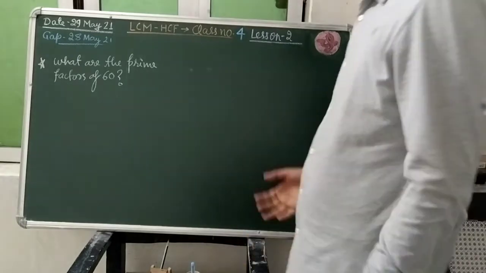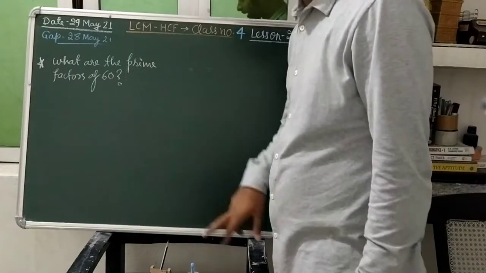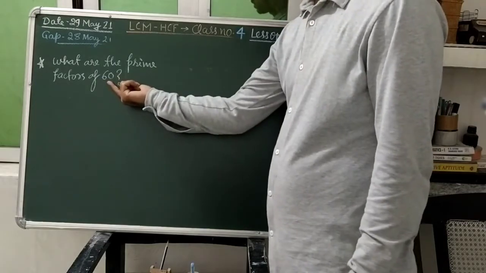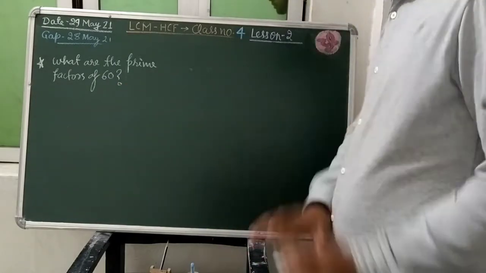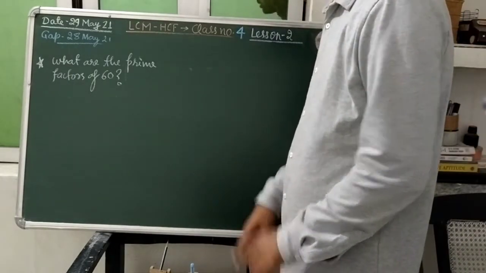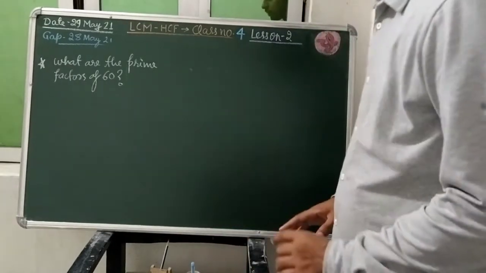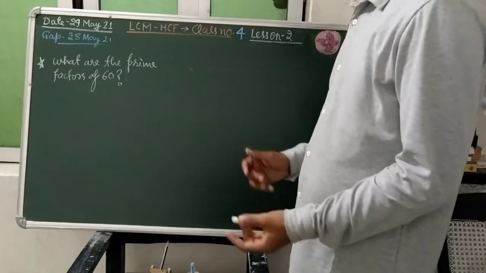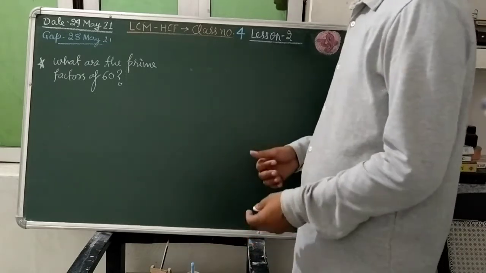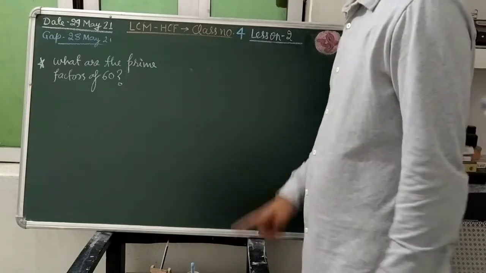Of course they are asking about the prime factors and giving the number 60. So whatever number they give you will be a composite number. So you will find a problem in which a composite number will be given to you and the question will ask you to find the prime factors of that.